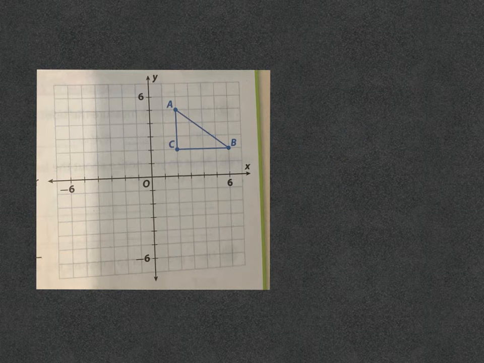Okay, let's say that the question asks us to flip this pre-image across the x-axis. So usually it'll say flip it across the x-axis, flip it across the y-axis. Let's say it asks us to flip it across the x-axis. Here's the x-axis. Think of the x-axis as where you're going to fold the page.